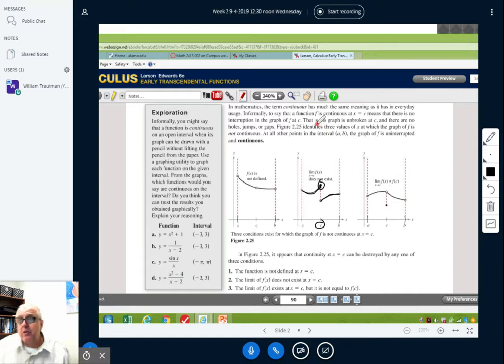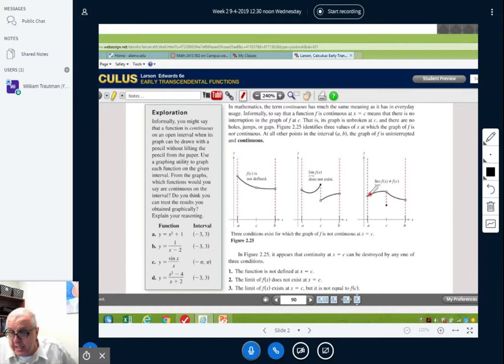Remember, for the limit to exist, at the c value, at whatever value we're talking about, as the x values approach that c, the y values have to be approaching the same number. And here they are approaching this number way down there, and this one's approaching this number, two different numbers. So that function is not continuous because of that.